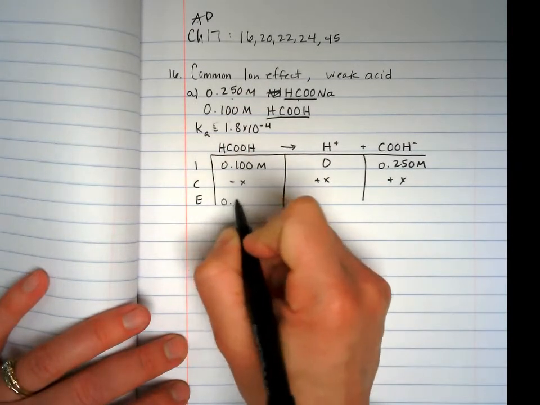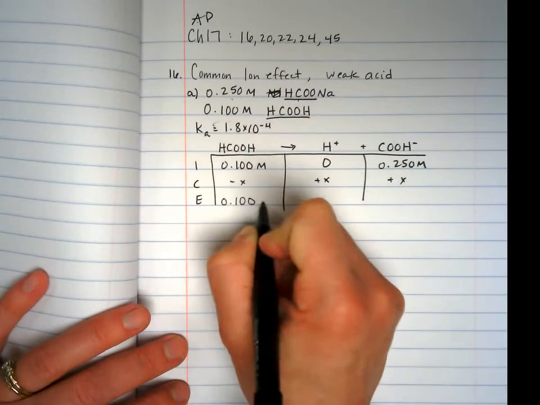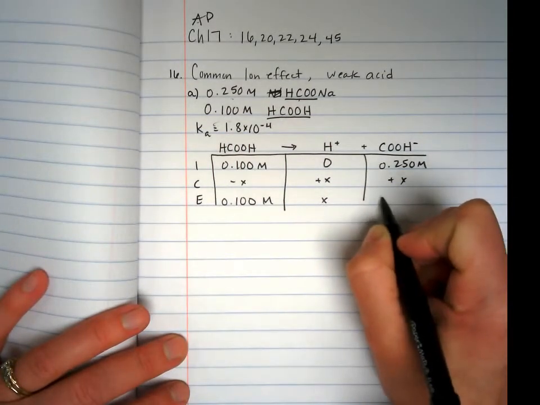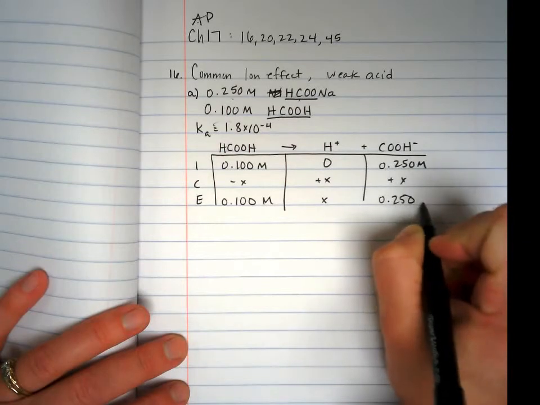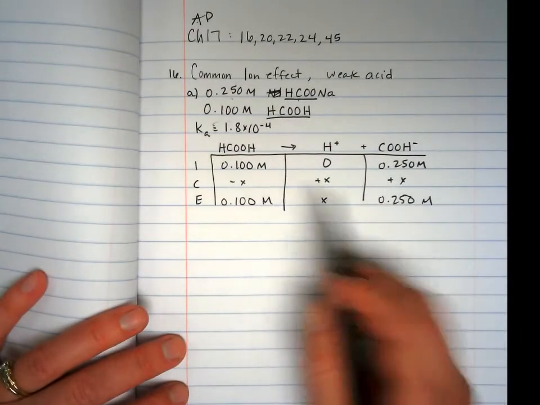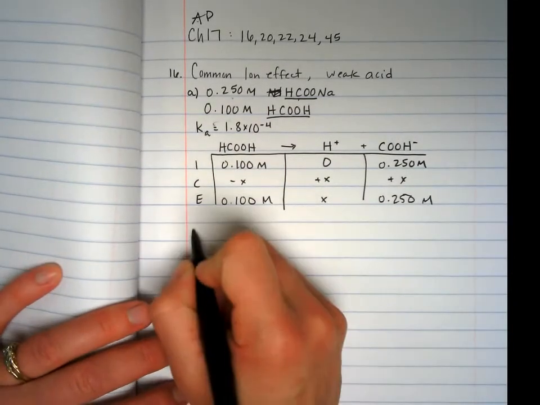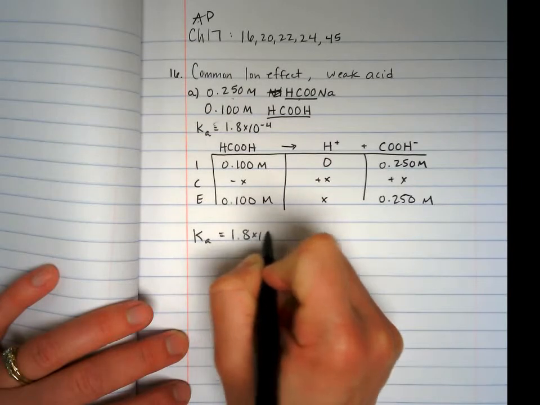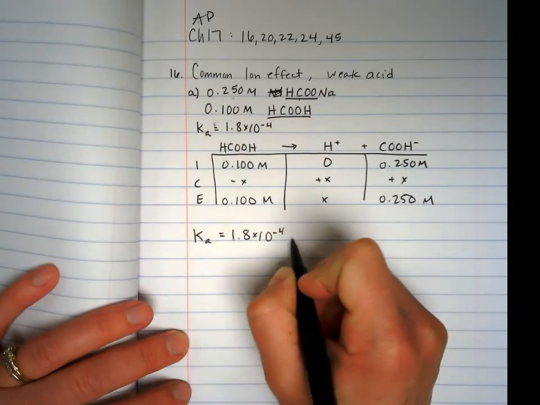And remember, because it's a weak acid, we can ignore it here when we do our change, except for the H plus. So this really is minus X and plus X, but remember, it's going to be so small, it's not going to make a difference. And all I do is plug it into the Ka equation and solve it.